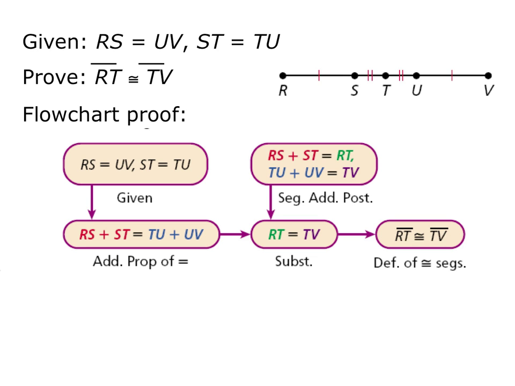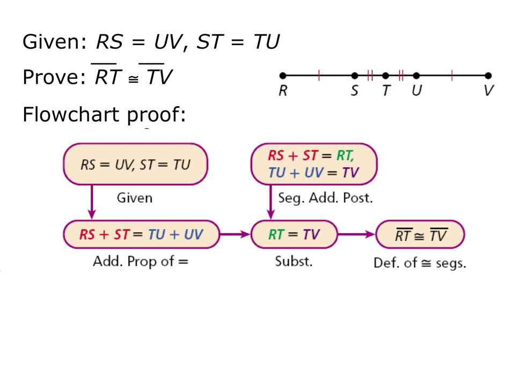And it said that by the arrow, this leads to that addition property. Now, how did they do the adding? RS plus ST. What's on the left was added, and what's on the right was added. So we added on the left and on the right, addition property of equality.